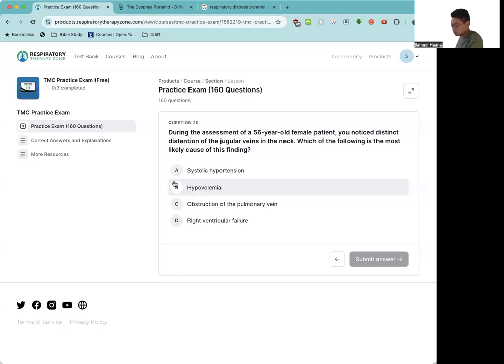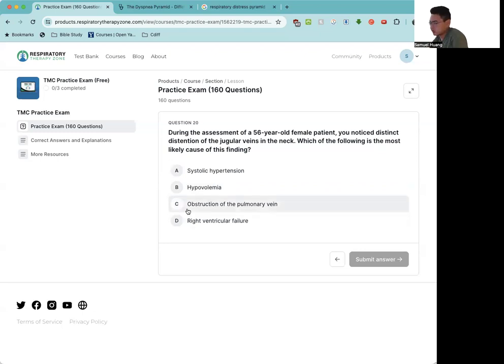So it's definitely not B. Hypovolemia is off. Systolic hypertension, maybe obstruction of pulmonary vein. Could be backflow from the pulmonary vein to the right ventricle, to the right atrium, to the SVC, the jugular vein. Could also be right ventricular failure as well.